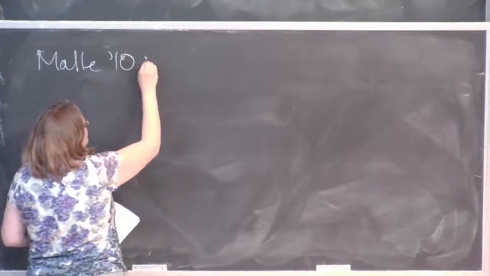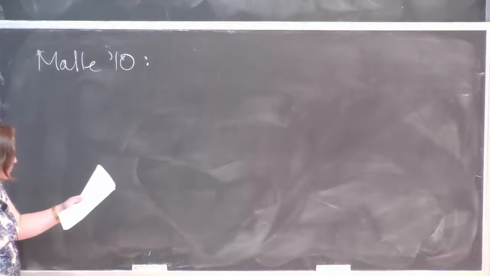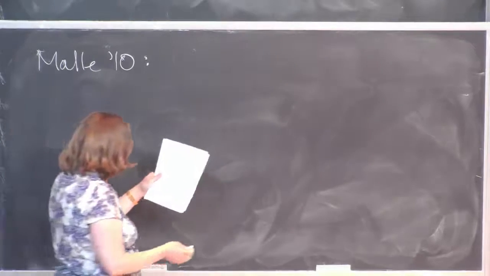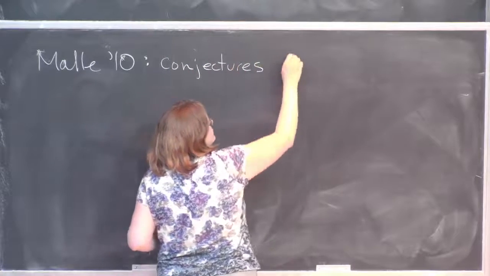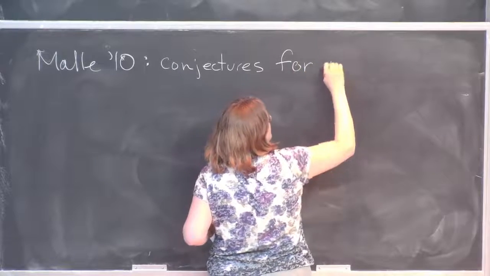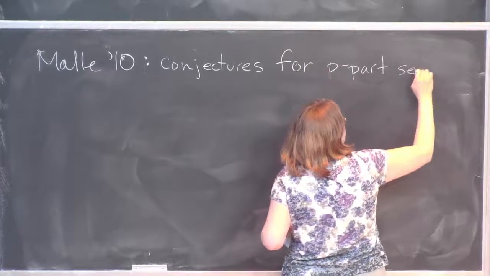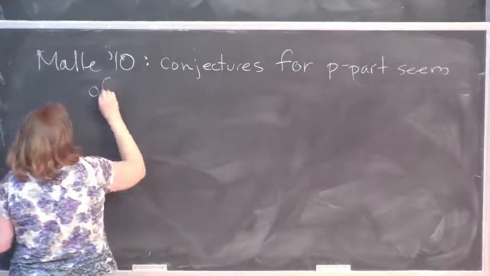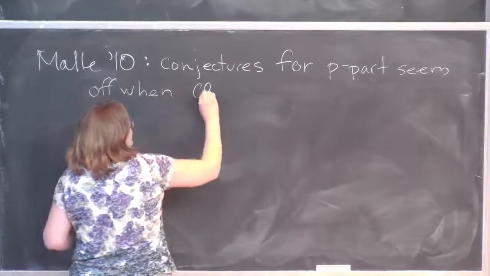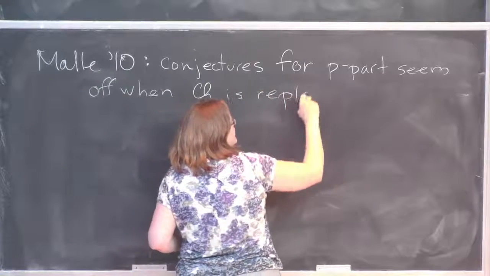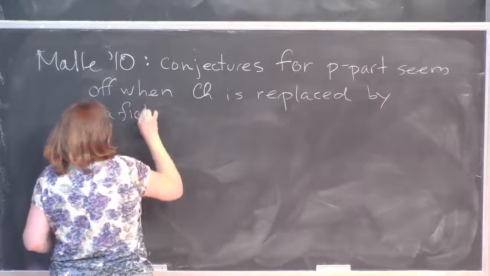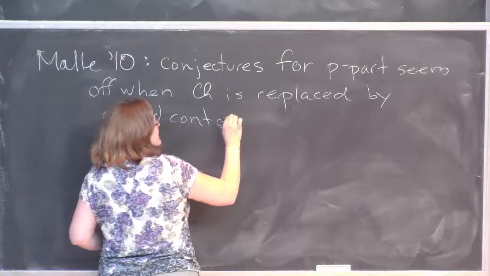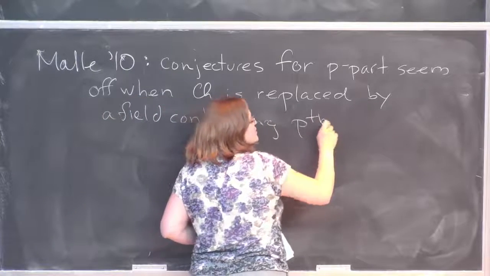Okay, so one other important development was that Gundermala, looking in particular at a lot of empirical data, noted that the conjectures, in general, these Cohen-Lenstra type conjectures, Cohen-Martinet, for the p part, seem off when Q is replaced by a field containing pth roots of unity.